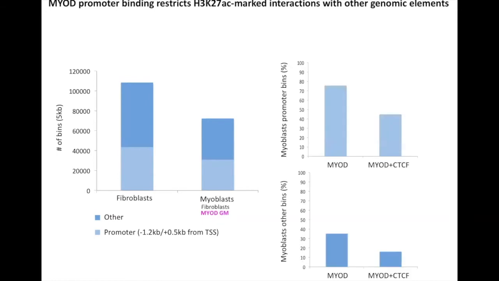When we look at the MyoD-bound interactions captured with the H3K27 acetyl antibody, we found that most of the interactions that involved promoters were also bound by MyoD, while only 40% of the interactions captured outside of the promoters were bound by MyoD.